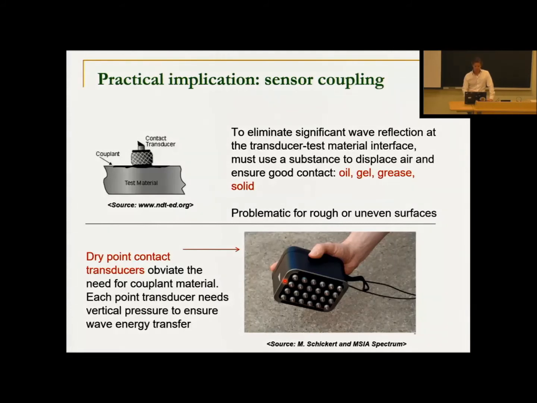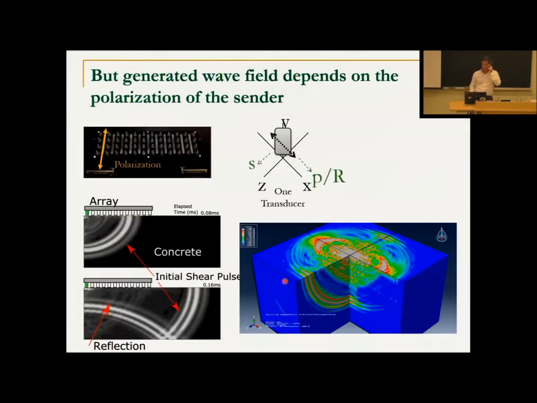Now, when we generate these waves, we have to remember that the sound field that comes out of it could be a little bit complicated. So in the case here, we see a 4x12 array. Each one of these units is a transducer, and its polarization, that is the direction of its mechanical motion, is transverse here, following that yellow line, right?